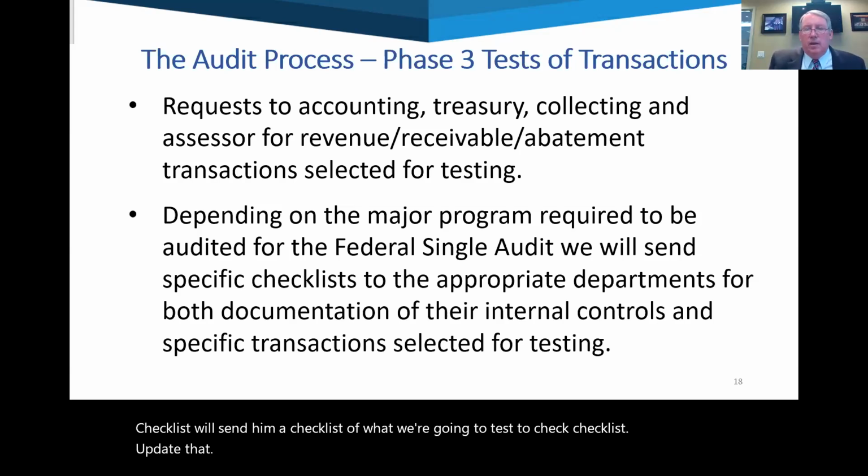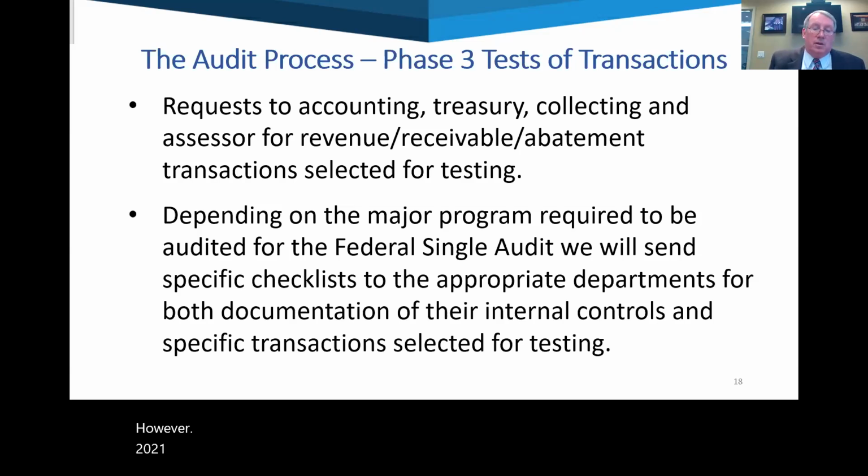However, in 2021 and 2022, and I expect 2023, and probably rolling into 2024, with the CARES Act funding that everybody got, and a lot of the ESSA grants and everything else from the school department, along with the new ARPA funds, the rescue plan funds that are happening as we speak. All of those are new, okay?